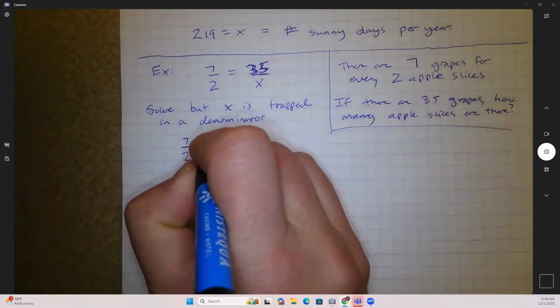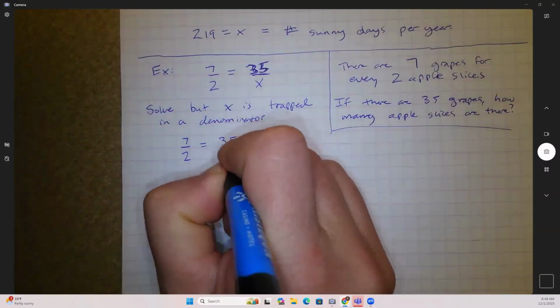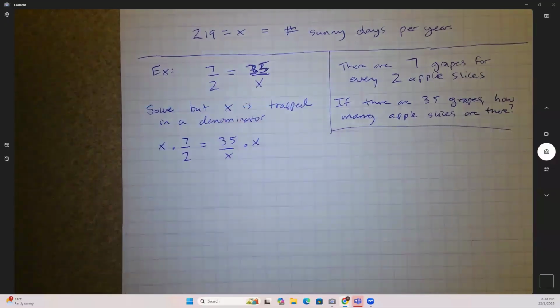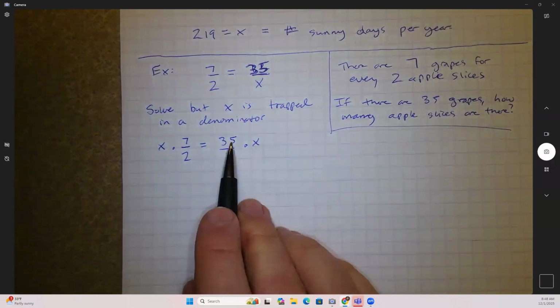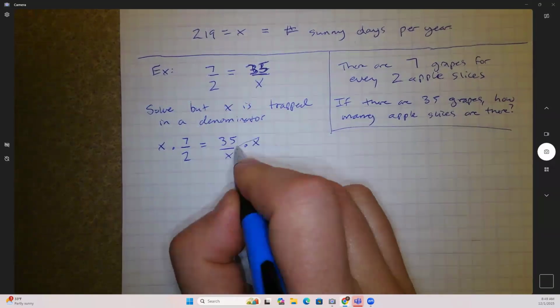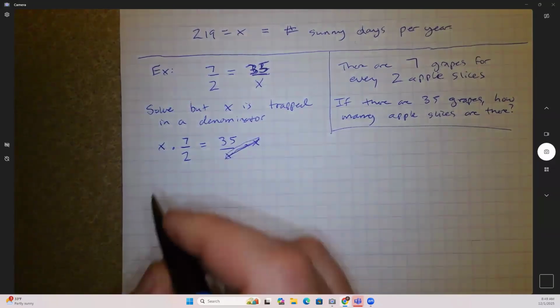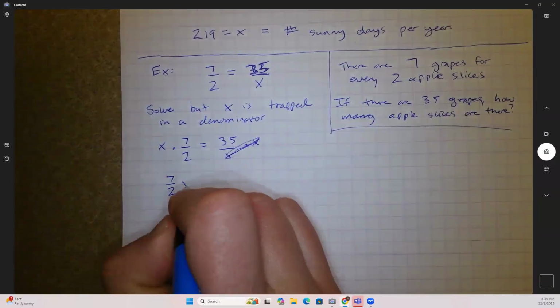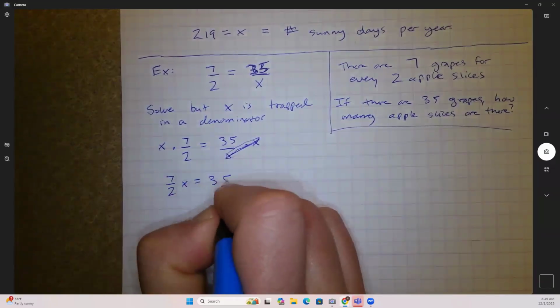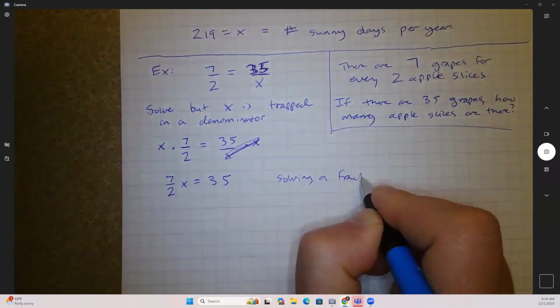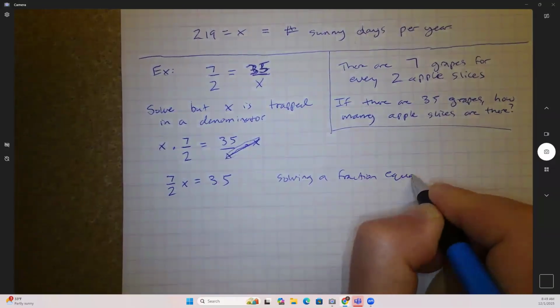The basic algebra way says, if I don't want x in the denominator, I'm just going to multiply both sides by x. Because 35 times x divided by x, those x's cancel. And now I have 7 halves x equals 35, and I'm solving a fraction equation.